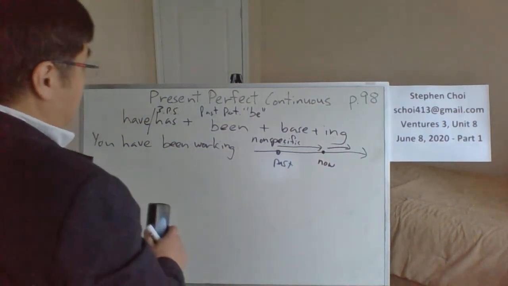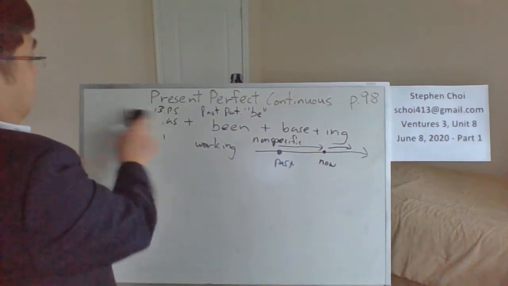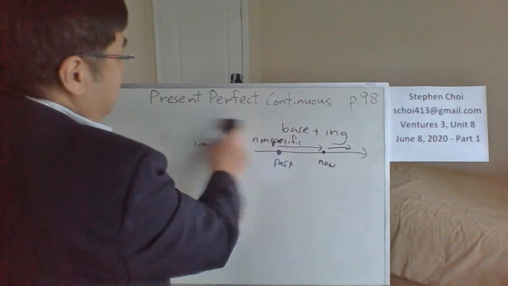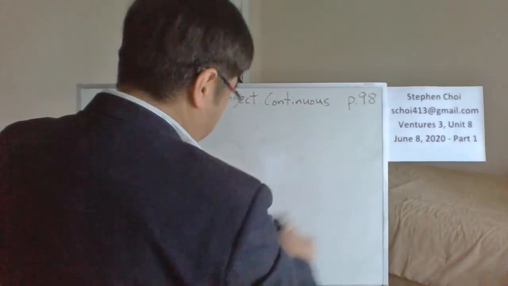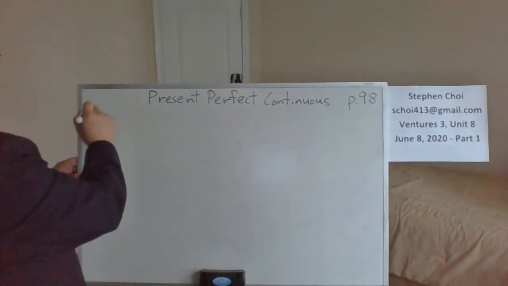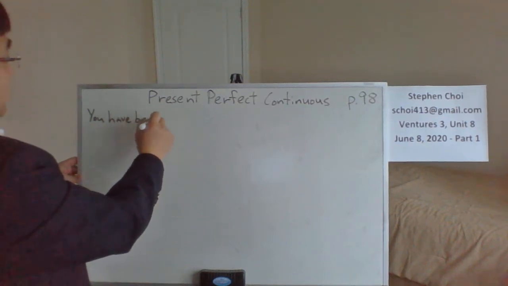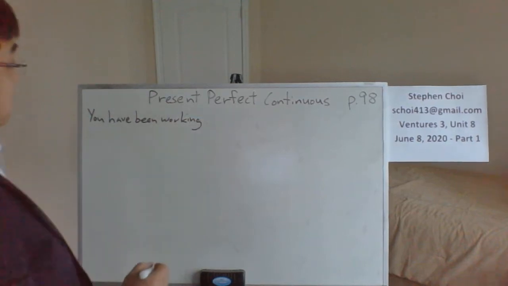Alright, so let's erase all this because I'm going to run out of board room. Let me erase all this and use a couple of examples and just go through it. Let's use that one. We already have one: you have been working. And then let's have another one.